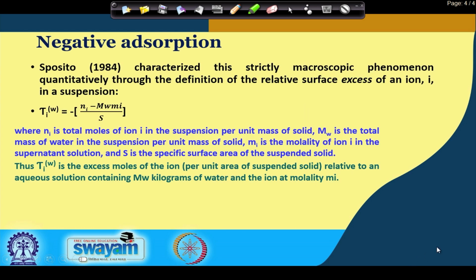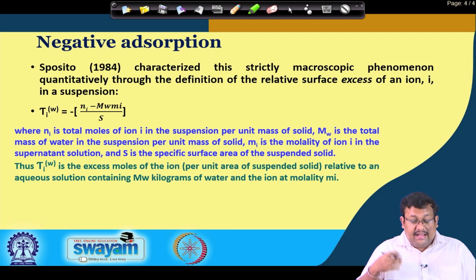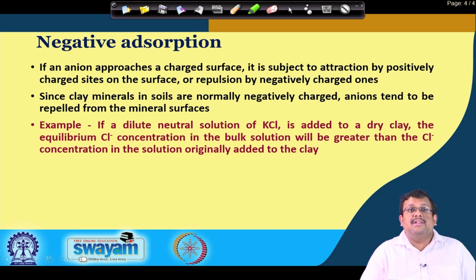Then we discussed this negative adsorption based on this equation given by Esposito, where this term basically shows the excess in the moles of the ions per unit area of suspended solid. So, we related that with the mass of total water and then molality of the ions, and also S, that is the specific surface area of the suspended solid.